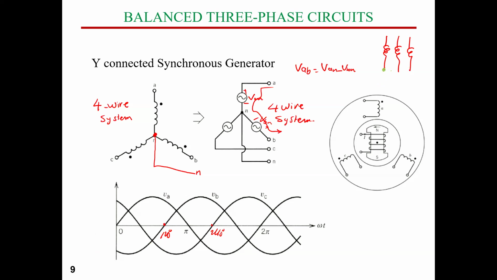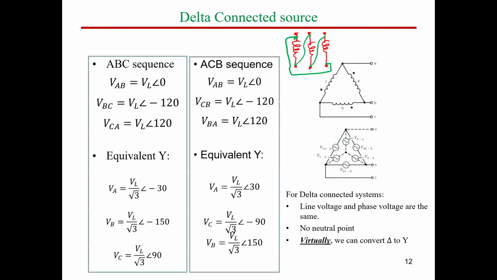So I'm going to make a short between the ends and supply, or connect starts to the supply. So this is called Y connection. And here in our case, we also have an extra neutral wire because we have a 4-wire system. So this is the four-wire Y connection. We don't have 4-wire connection in delta connection. Delta connection all of the time is 3-wire connection. Okay, so this is the delta connection.